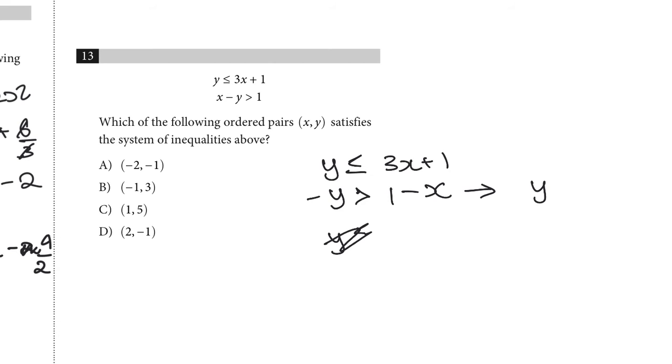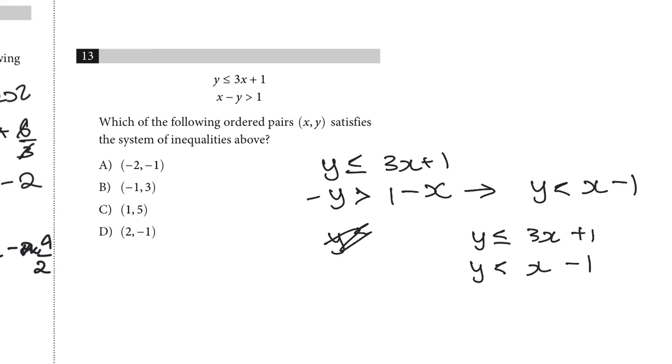Multiply the whole thing by minus 1. The signs would switch, and we'll have x and minus 1. So with this inequality, y is less than or equal to 3x minus 1. We'll also have y is less than x minus 1.